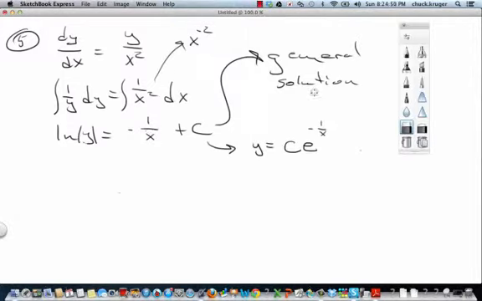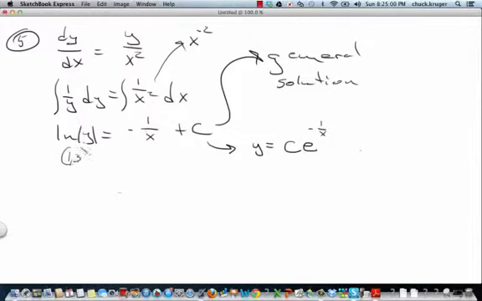Alright, then I got the point, make sure I have my thing here. Okay, the point 1 comma 3. So I'm going to substitute 3 in for y. I'm going to get negative 1 plus c. Now this means e to the negative 1 plus c is going to equal 3.